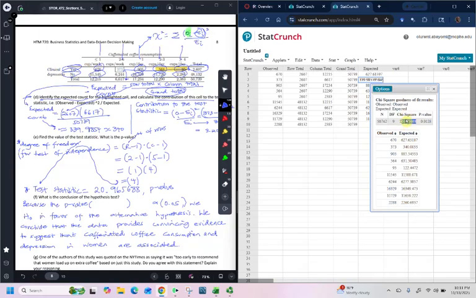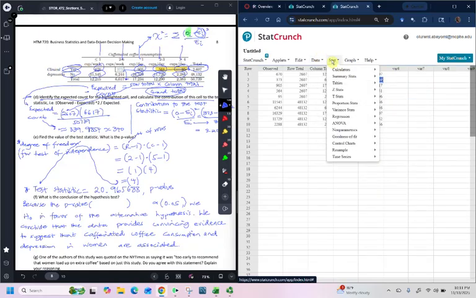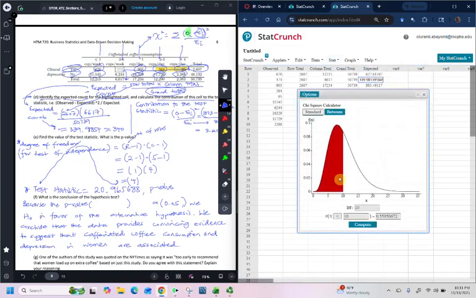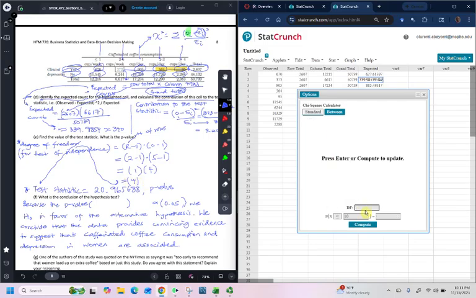Now we're going to take this chi-square value. I'm going to cut this into memory, copy, and close out of this. Go to statistics, go to calculators, and I'll go to my chi-square calculator. It will require the degree of freedom, which is 4. So I'm going to write 4 here. Make sure that this is an upper tail test, and I am going to paste the test statistic value right here.